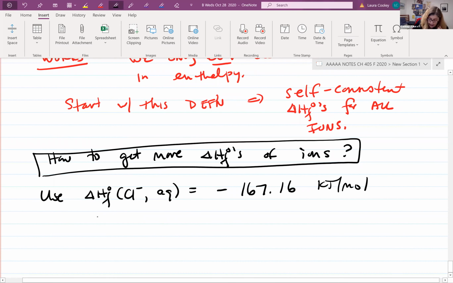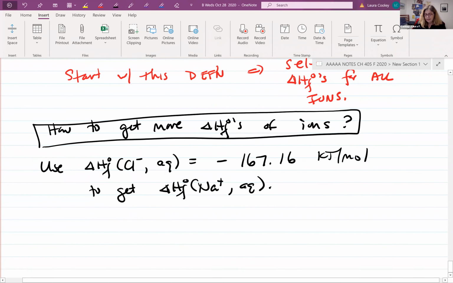So you could use that to get, say, the delta HF0 of the sodium ion. How would you do that? Well, you'd start with the same kind of thing. You would measure the delta H0 for dissolving sodium chloride.